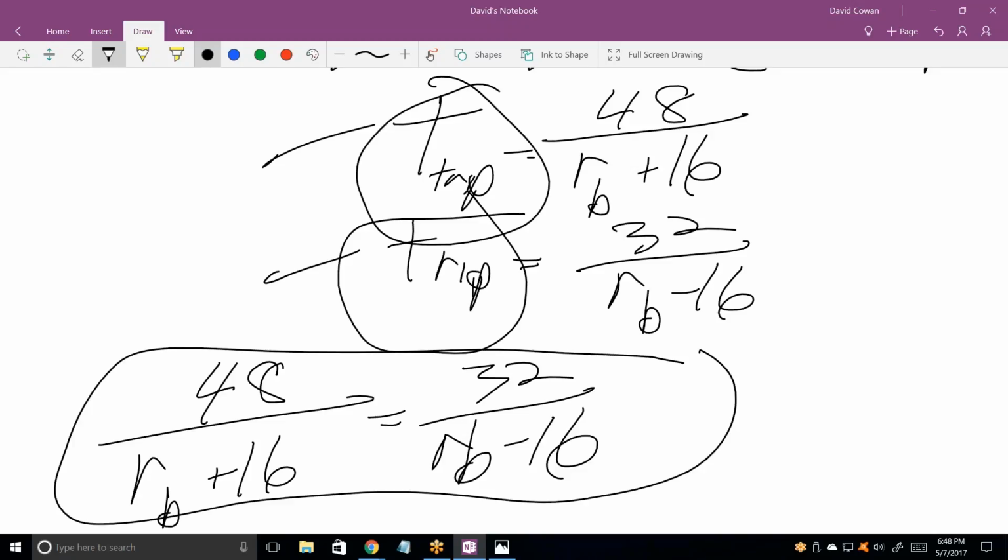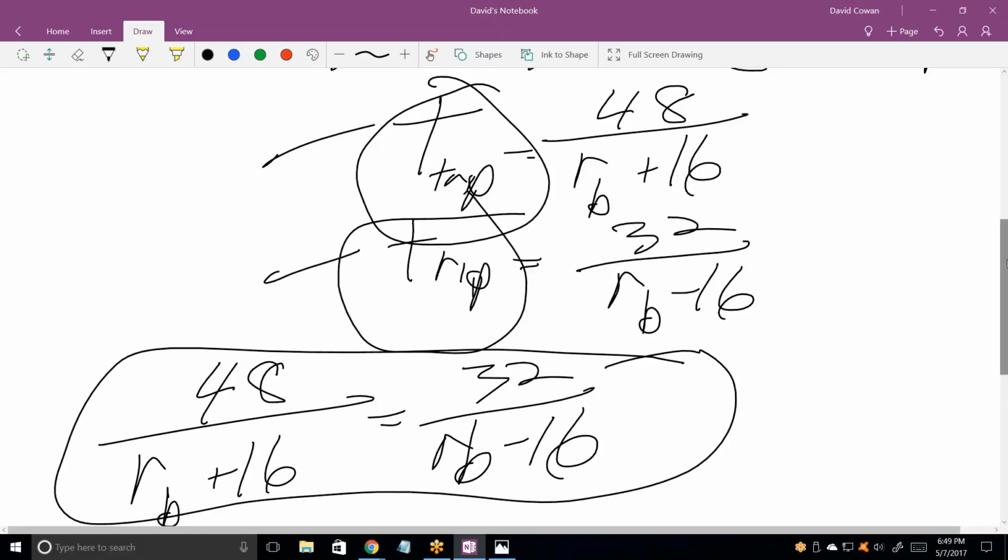That equation only has one unknown in it. That's the rate of the boat, and that's what they're asking about. So that's terrific that we could get it down. You always got to get it down to the same number of equations as you have unknowns. In this case, we got one unknown, one equation.